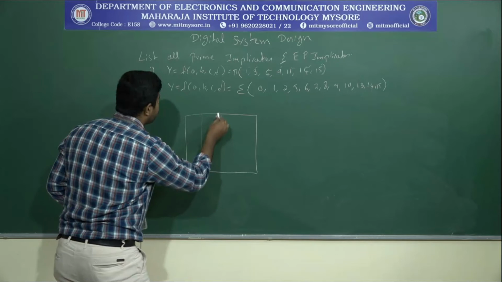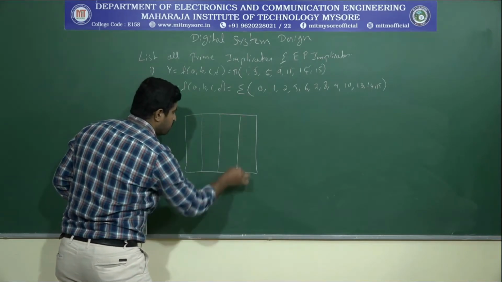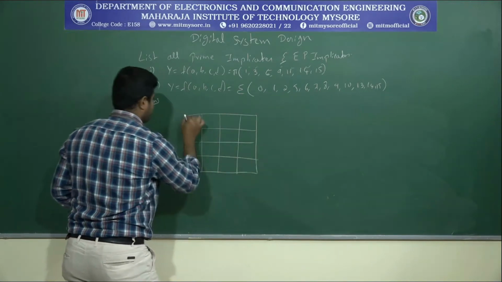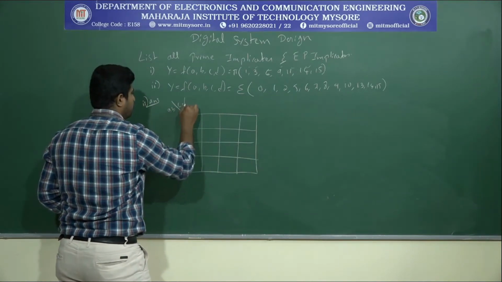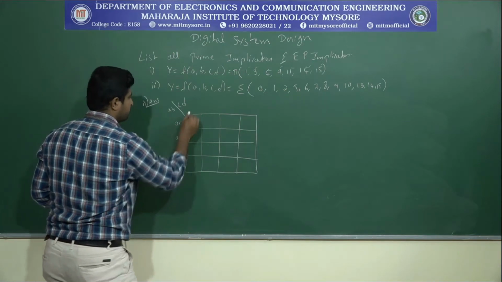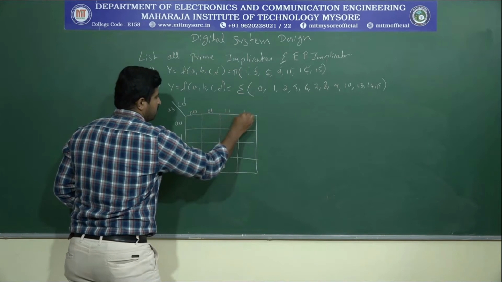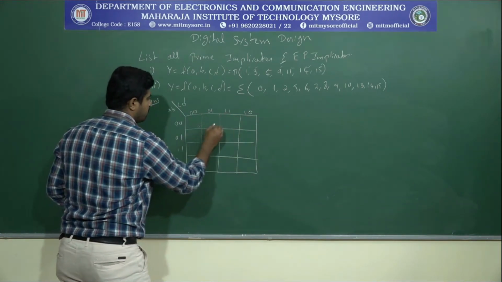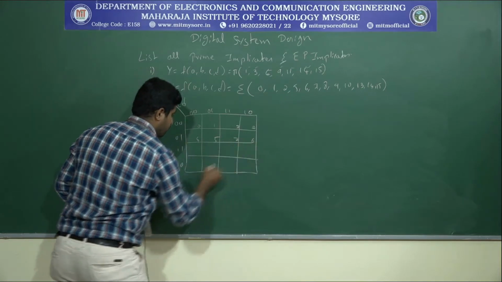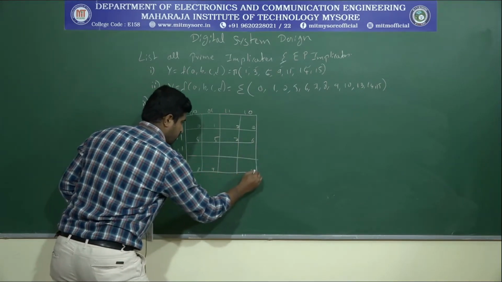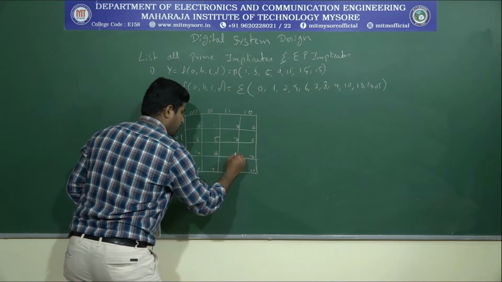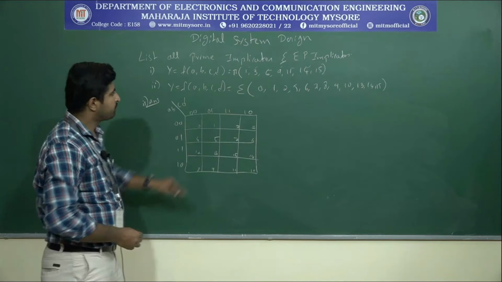So again a 4-variable K-map, so that means 16 cells will be there. A, B, C, D, 0, 0. Okay.